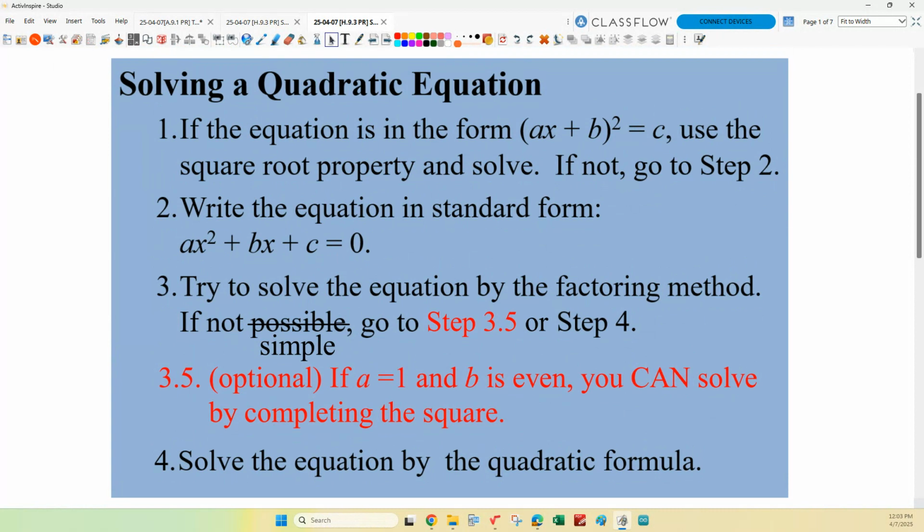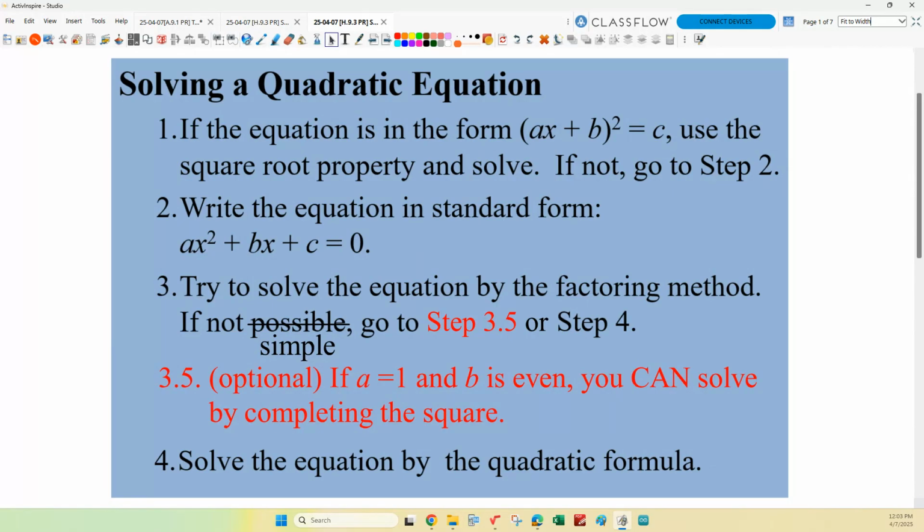So if the equation is in this form, the quantity ax plus b squared equals c. Now that's almost a little bit misleading. What's important about that form? Yes. If it's an equation where I can point to a single x, then what am I going to do?